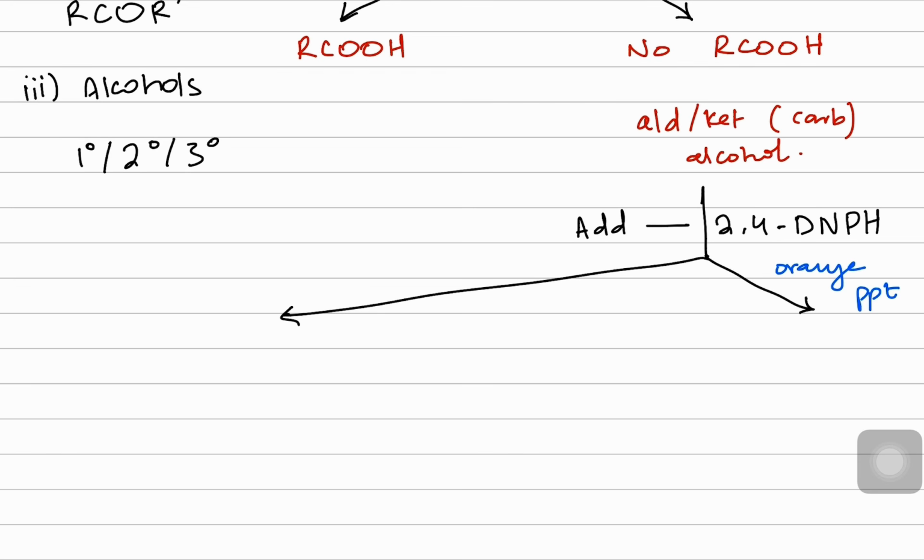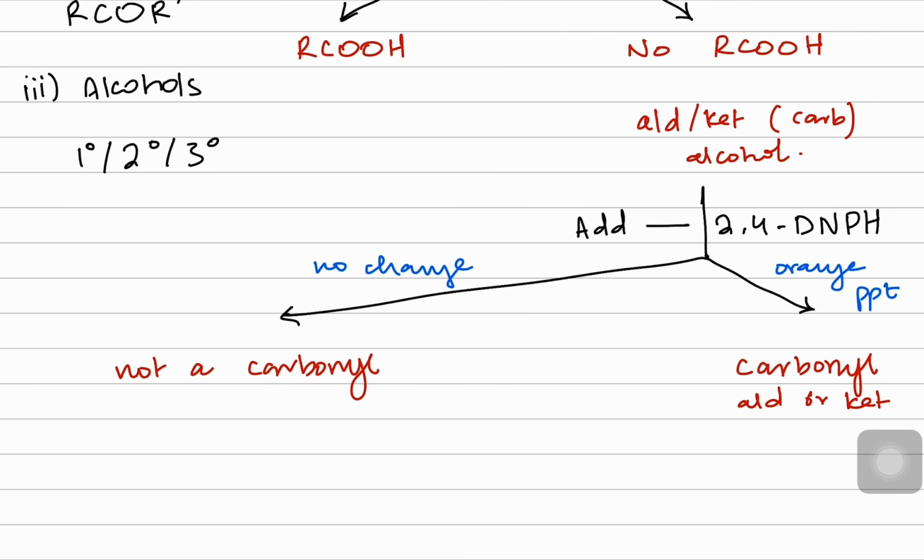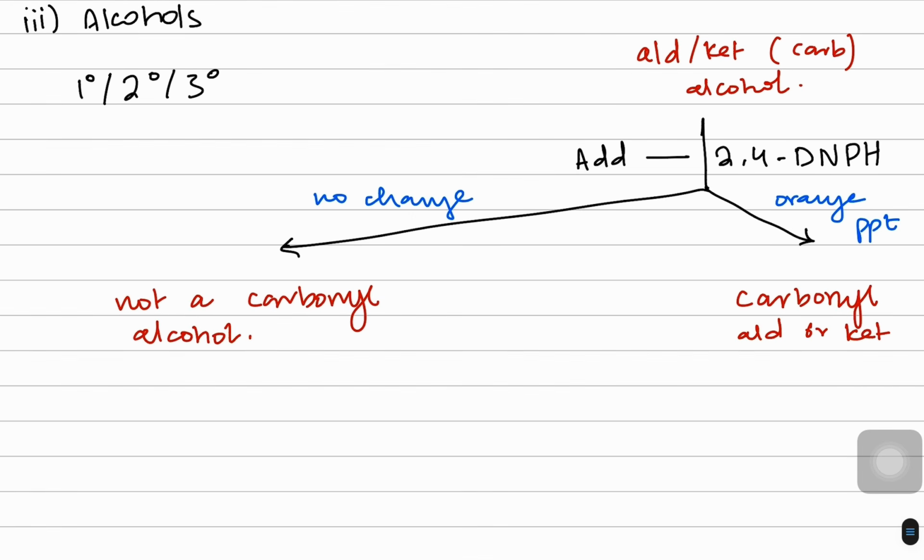If you get orange precipitates, it means your compound contains carbonyl. So it could be an aldehyde or ketone, or a mixture of both. If you get no change, it means it's not a carbonyl compound, which means not an aldehyde or ketone. Now it's most likely to be an alcohol.